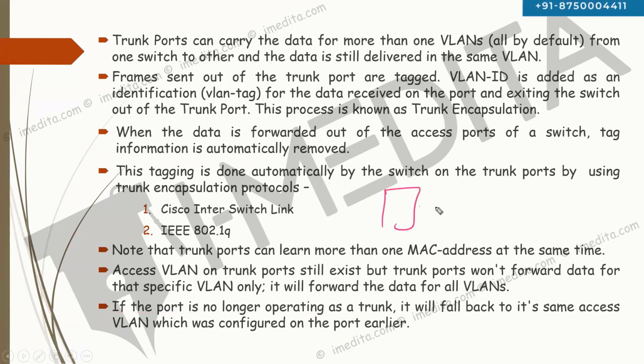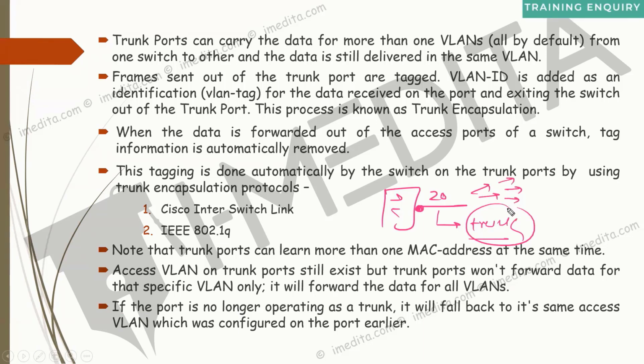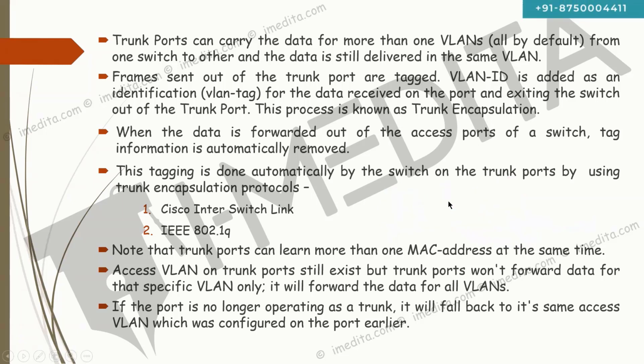So if the port was configured in VLAN 20 and you change that port to a trunk port, you will notice that the switch port will start forwarding data for all the VLANs, not only for this one. But if you change the port back to access, it will start forwarding the data for VLAN 20, because that is what is configured on that particular switch port. It's not like it will fall back to VLAN 1.